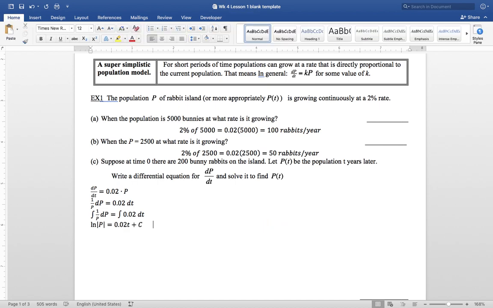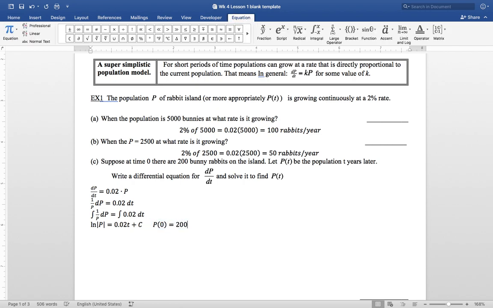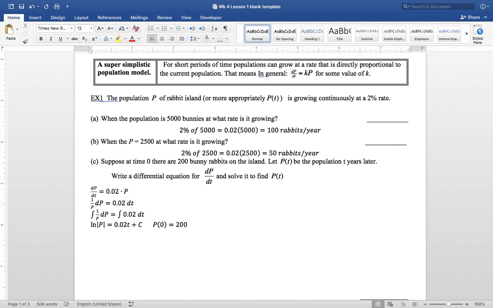Now, at this point, we use an initial condition, if we have one, and we do. It says that when time is 0, there are 200 bunnies on the island. That means that when t is 0, P, the population, is 200. So, in other words, P of 0 is equal to 200. So we'll replace t with 0, replace P with 200.